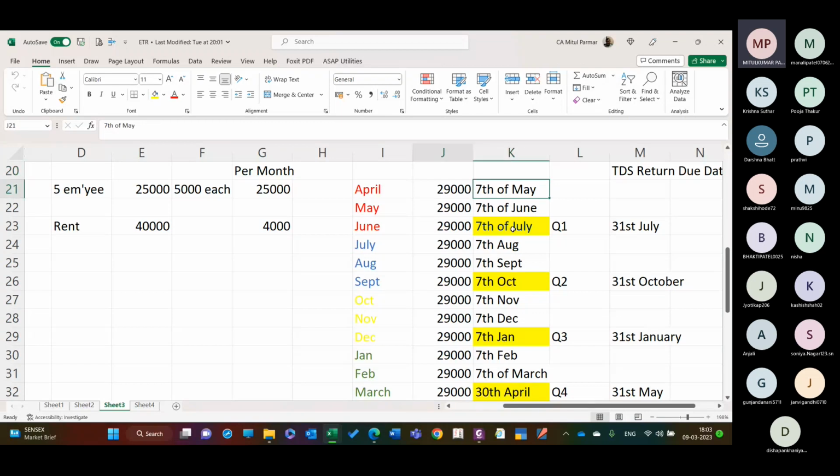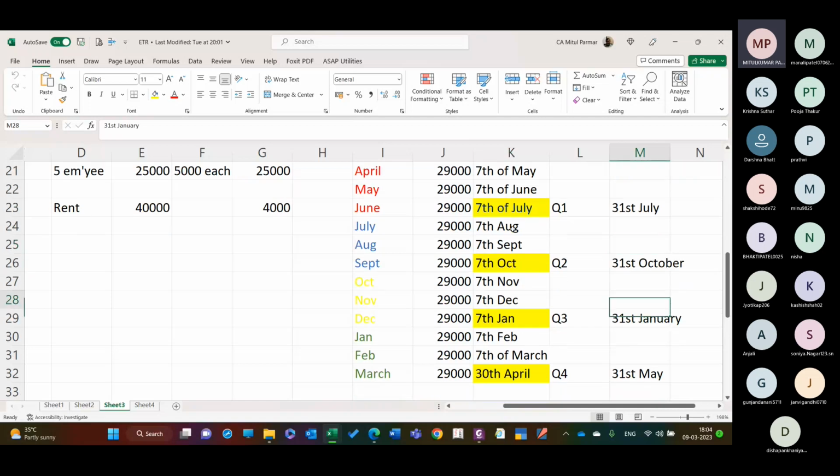And once they have deducted the TDS as per whatever section is applicable to the deductor, and then paid within the due dates, then at the end of each quarter, a TDS return is required to be furnished within 1 month from the end of the quarter. So that we already learned. Right?